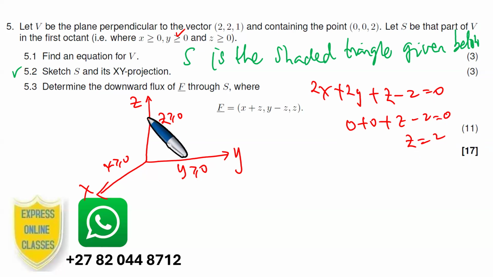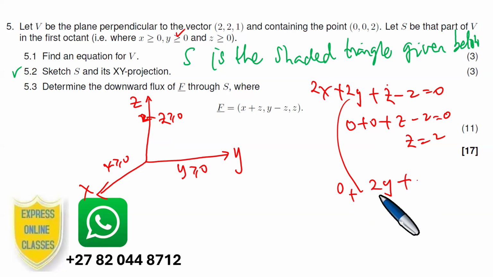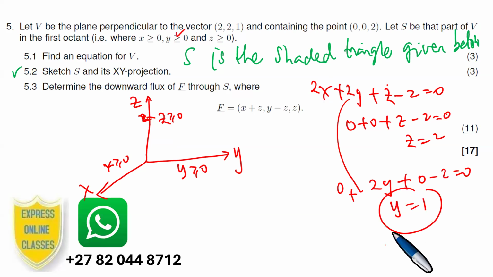Now another situation where x is 0, z is 0: 0 plus 2y plus 0 minus 2 equals 0, which means y is equal to 1. So this one is going to cut at 1.